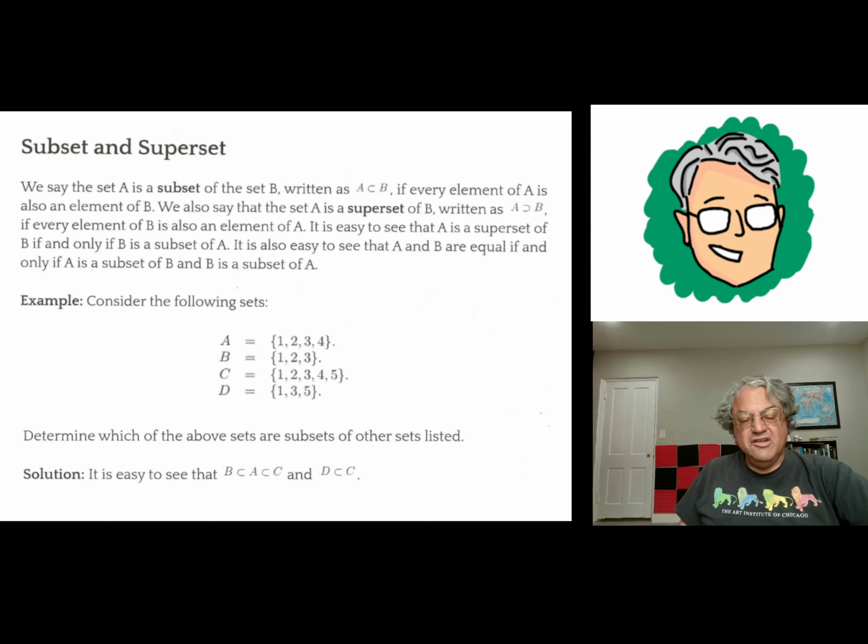And if it goes the other way around, we say it's a superset. Remember, for numbers, if x is less than y, then y is greater than x. So superset has the same relationship to subset as greater than does to less than. We would say that B is a superset of A whenever A is a subset of B.